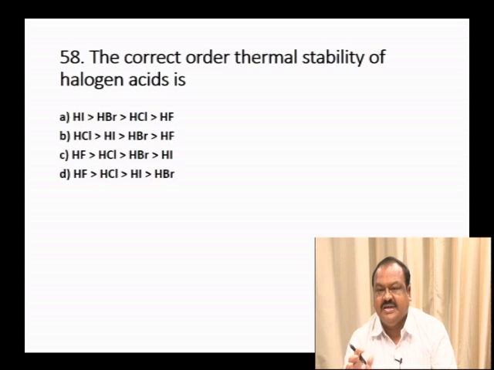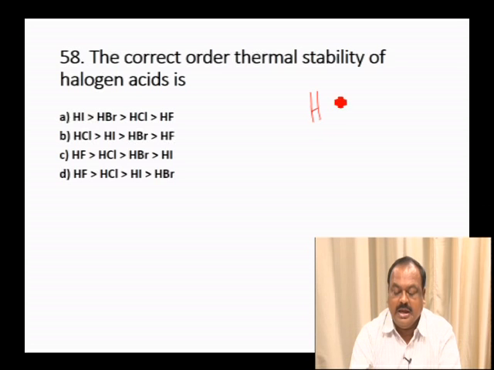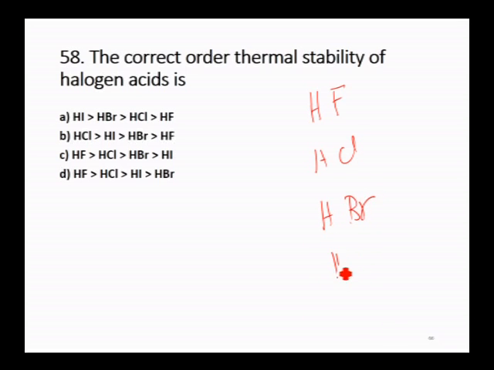Among HF, HCl, HBr, HI, the strongest bond is formed in HF. The reason is fluorine is highly electronegative, and electronegativity decreases down the group. So the bond between hydrogen and fluorine is very strong compared to HCl, HBr, HI. Even at high temperature, the bond cannot break.